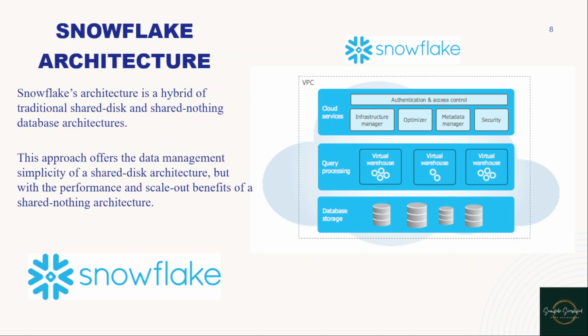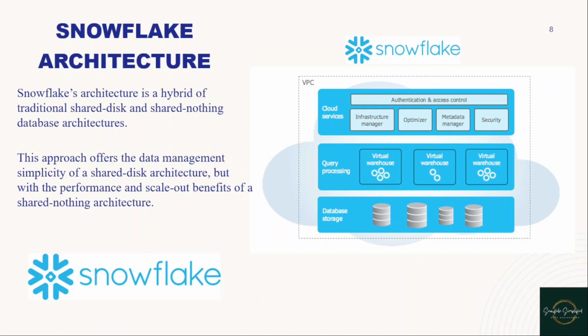This is where the queries are processed, and this is where the virtual warehouse comes into play. These virtual warehouses are not to be mixed up with a data warehouse. A virtual warehouse is a virtual compute resource that we can use to process all of our queries and all of the operations we perform in the query processing layer.